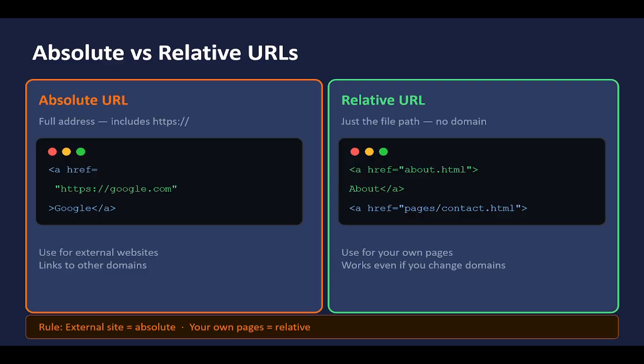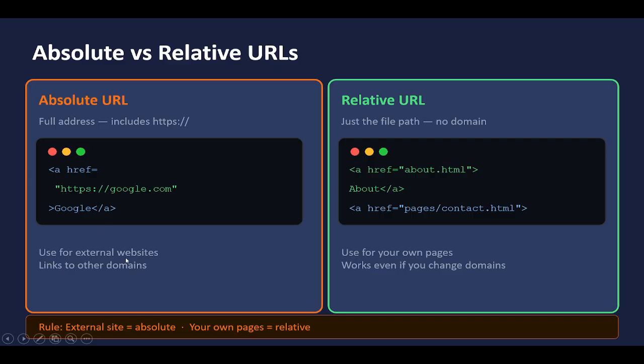Another important thing you should remember: whenever you are giving the address of an HTML page or another website, we call it an absolute URL or a relative URL. Whenever you are giving some external page address, it can be present in some other location or it can be another website, so you have to use the complete address of that.